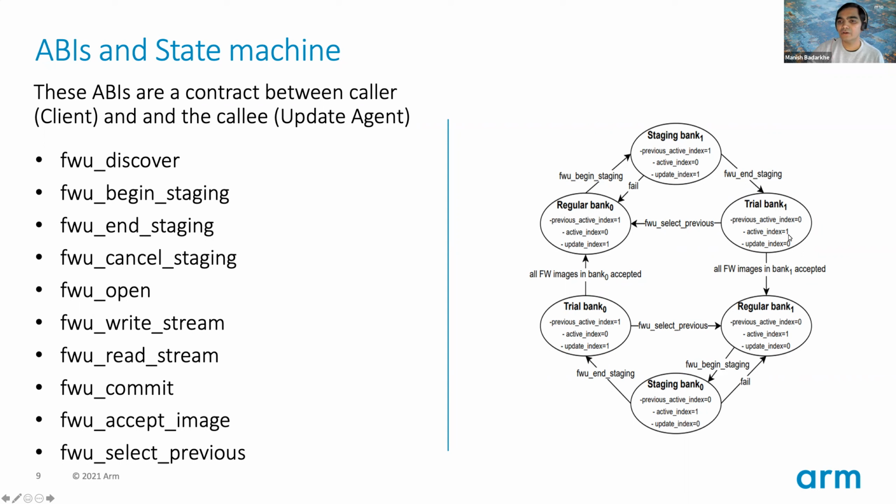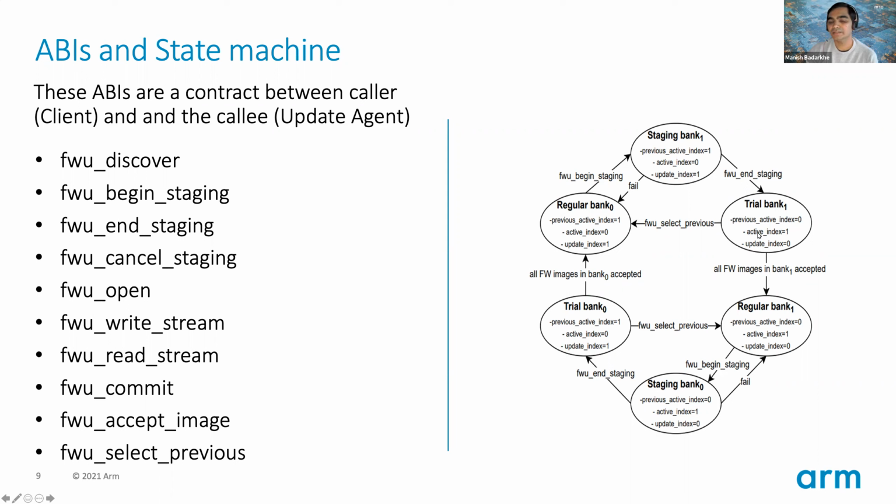It will retrieve all the images present in this active index, load the images from this active index into the RAM, do the normal authentication process, and then again come back to the normal world, to the update client, telling it that this active index is working properly.